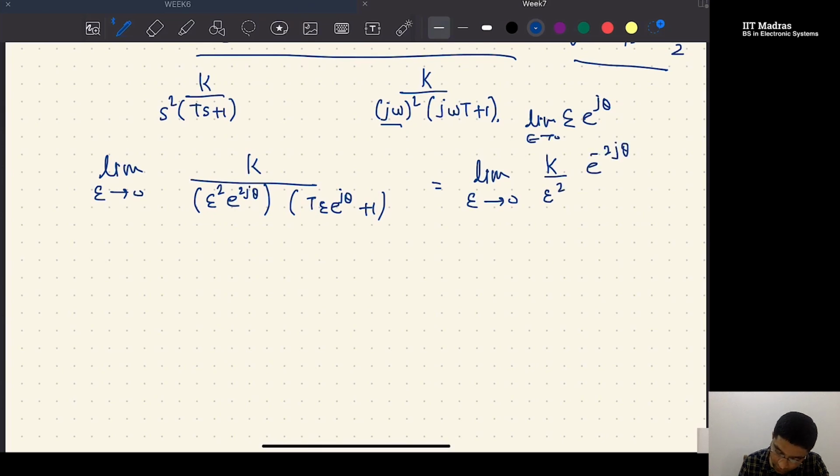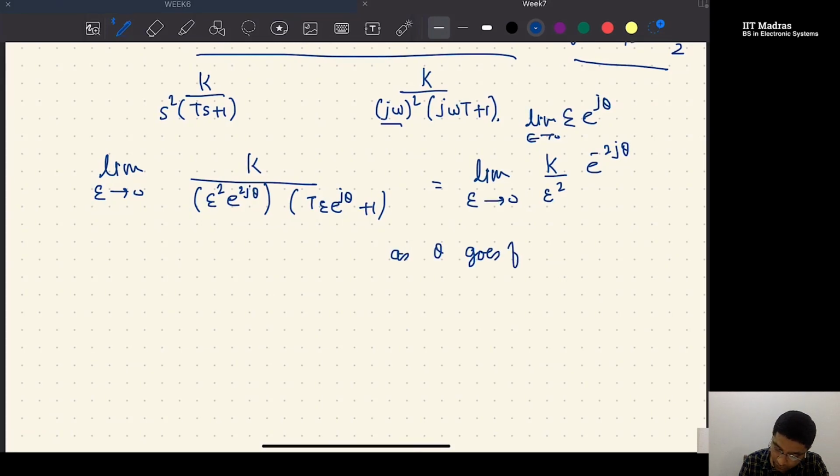So as theta goes from negative pi by 2 to plus pi by 2, e^(minus 2j theta) goes from pi to negative pi.